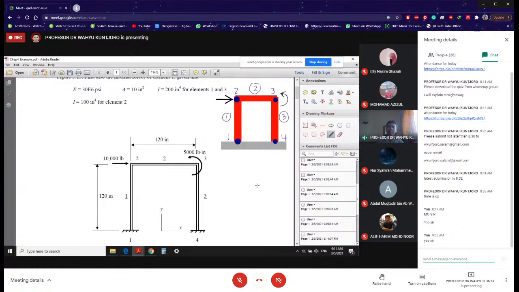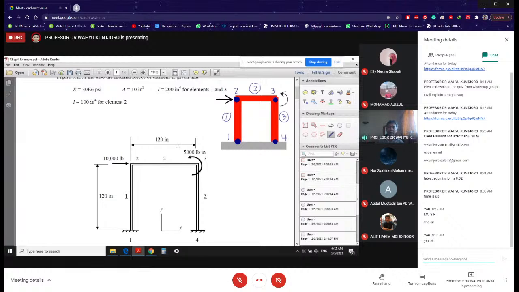So this is our finite element model with all the dimensions given, and the cross-sectional area is the same for element number 1, 2, and 3, and the moment of inertia is not the same. For element number 1 and 3, for the vertical elements, the moment of inertia is 200.